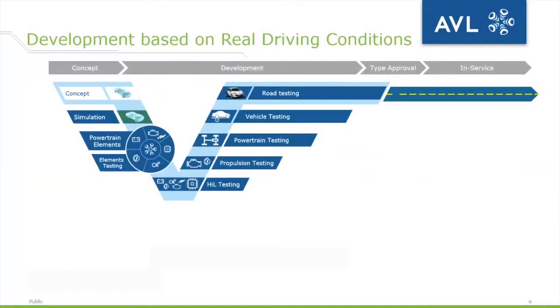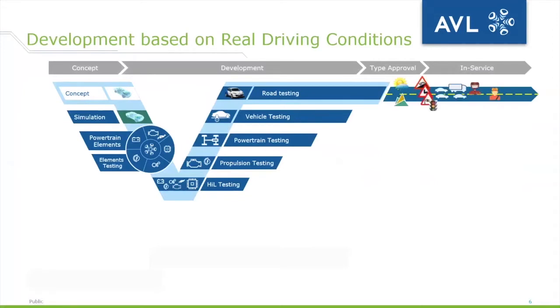So Emre, why do you think we need simulation and why are we talking about that today? So where do we need simulation in the whole development process and what is road digitalization? Okay, well, if you look at the process again over the V cycles, we see that the development starts on the concept level and it goes for components on the testbed environment, but still most of the development is concentrated on the road testing.